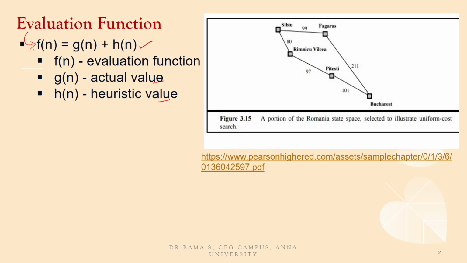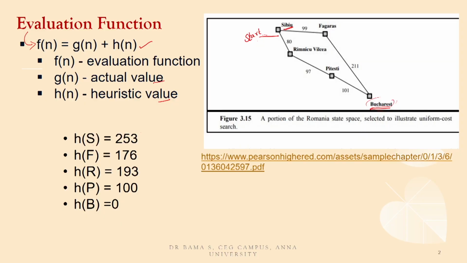On the right we have a part of the map, and suppose we assume S as the start state and the goal is Bucharest, say B. Let us see how greedy best first will work in this fashion.